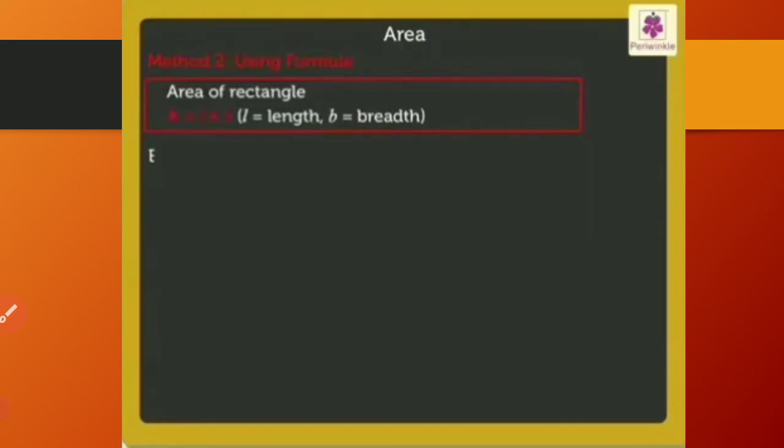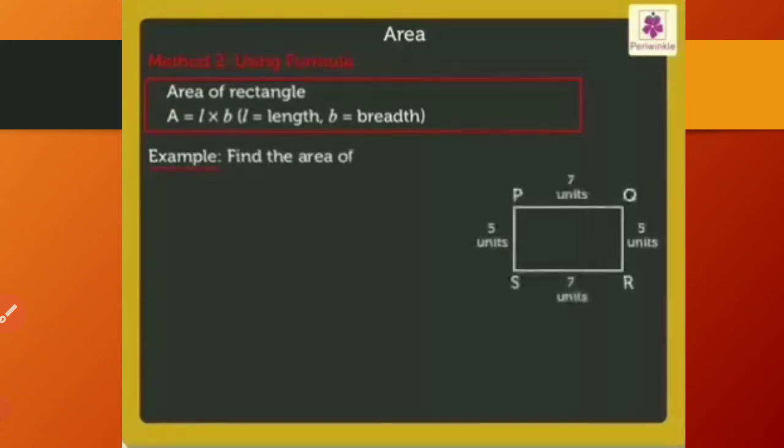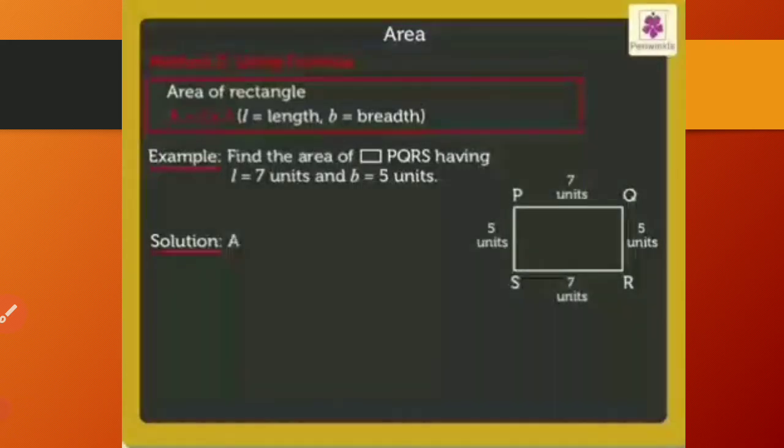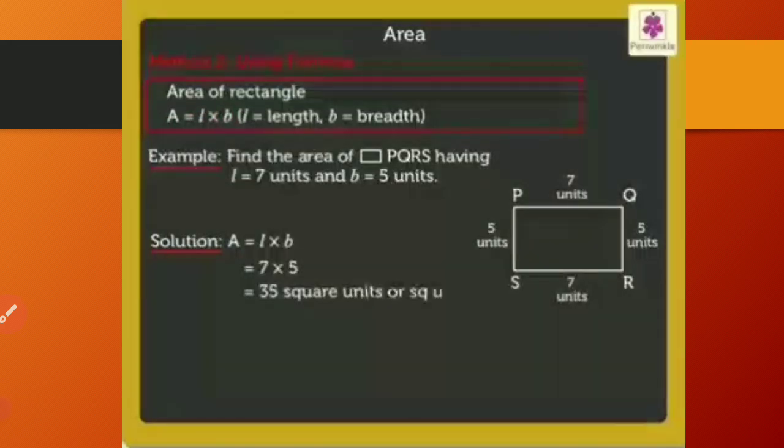Let's use this formula to find the area of a rectangle PQRS having length 7 units and breadth 5 units. Rectangle PQRS has length of 7 units and breadth of 5 units. Therefore, by using the formula area is equal to length into breadth, we get the area as 35 square units.